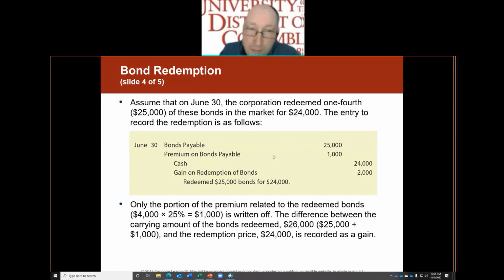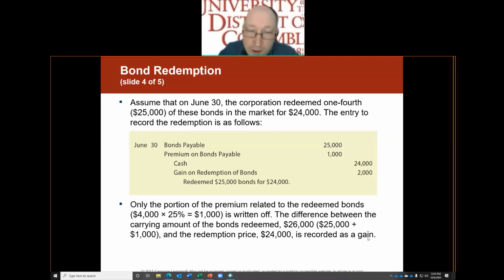The premium on bonds payable is $1,000 because we took that $4,000 times 25%. Another way you could do it is take your $4,000 divided by 4 to get the $1,000. Why divided by 4? Because it's 1/4. 25,000 bonds payable, 1,000 premium on the bonds payable.